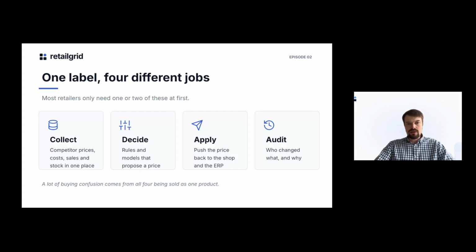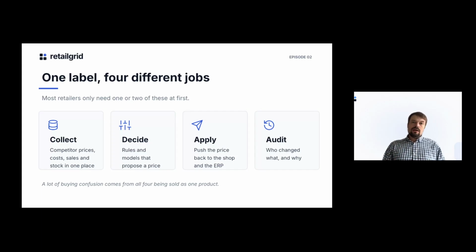First of all, I need to have all the data on the table, to collect all the data. It's my current prices, cost information, sales performance, stock information, product data, category data. So it's internal data, and I need external data: my competitor prices, market data. I need to collect it into one place, typically some kind of spreadsheet, right?